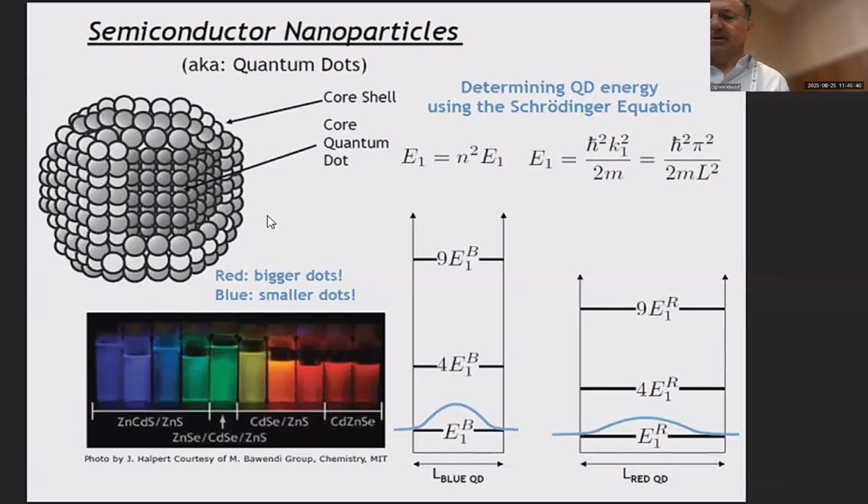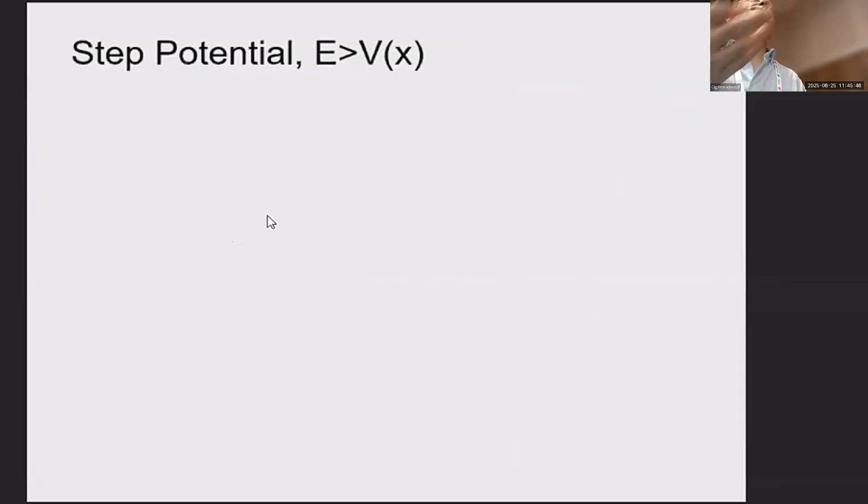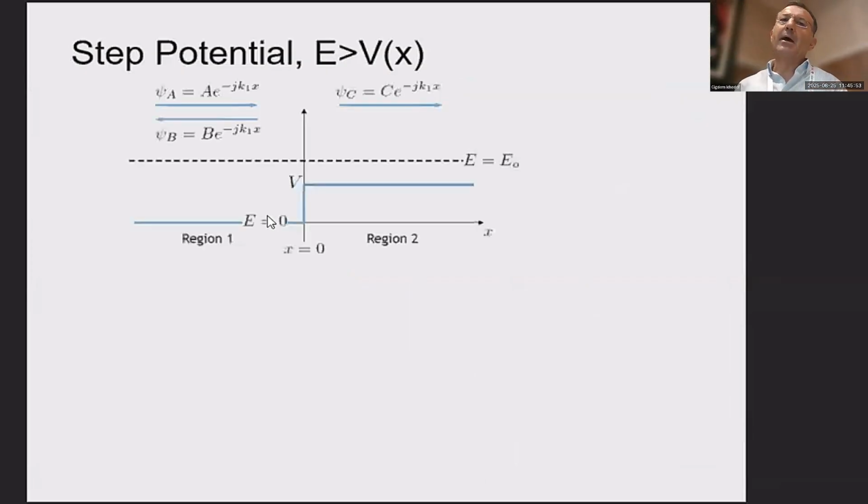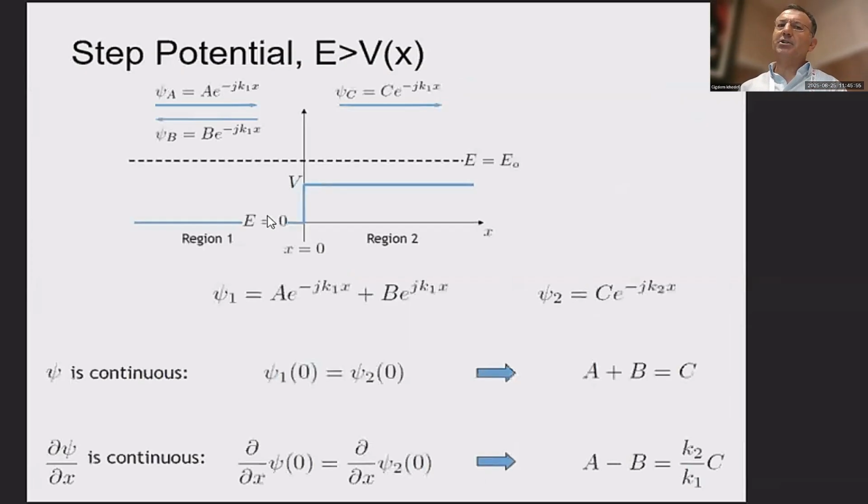That's why it is important to understand well how this two-body problem works, to do this doping and other things. The same goes for the step potential, which you already did in third-year quantum mechanics.